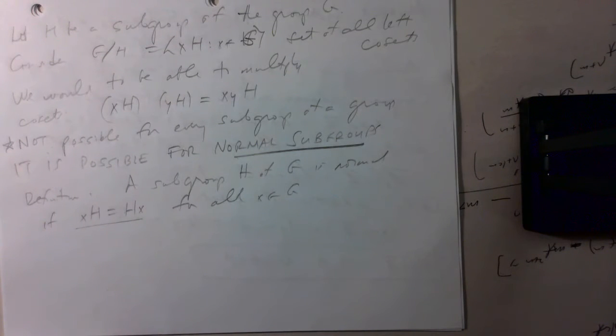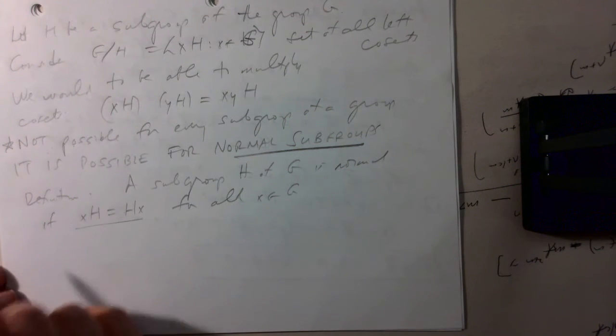So if your subgroup has the property that every left coset is a right coset, then you have what is called a normal subgroup, and multiplication is possible.